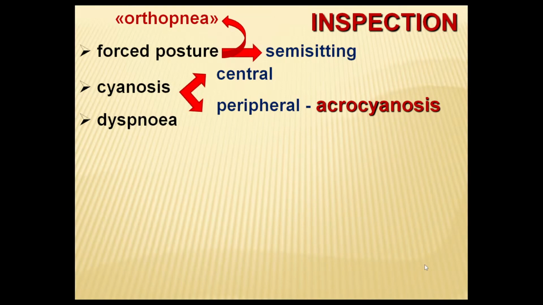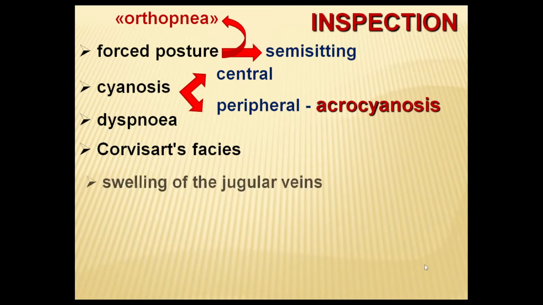As a result, he cannot talk and eat simultaneously with breathing, and the patient needs a short break to continue his physiological actions. We can reveal the specific Corvisat's face. I'll show you the next picture and give its characteristics.